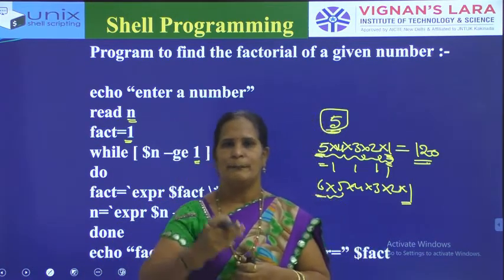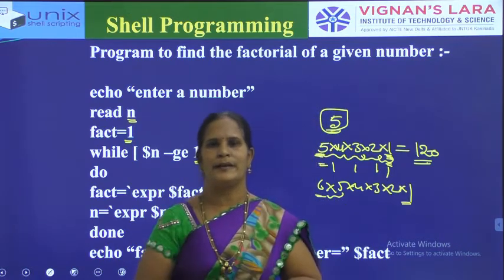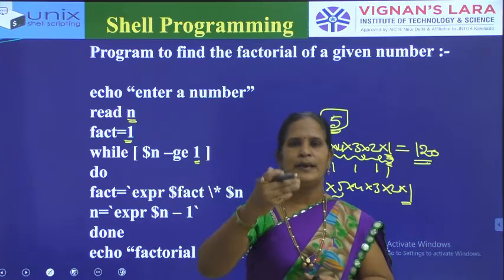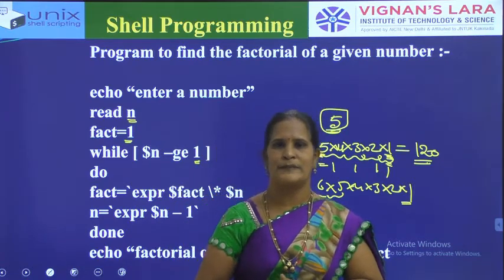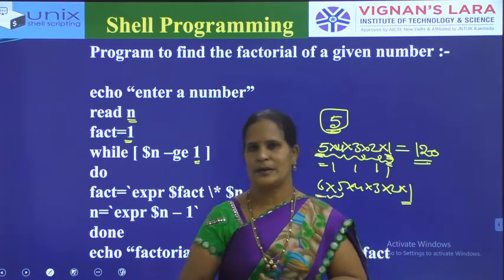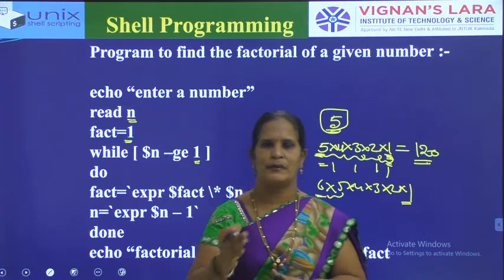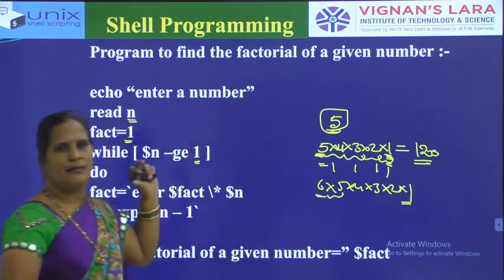Next, the beginning of the while loop is indicated by do. The end of the while loop is indicated by done. In between do and done, we have to type the executable statements, or repetitive statements, or iterative statements. All these statements are to be repeated based on the conditional value.